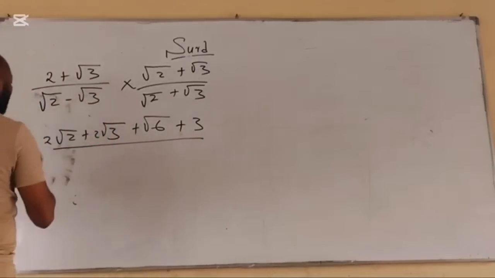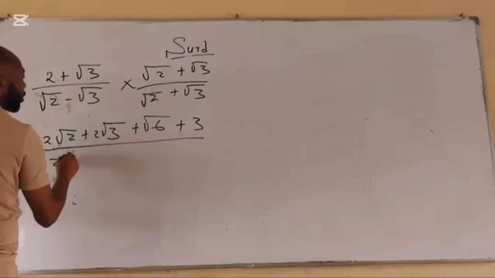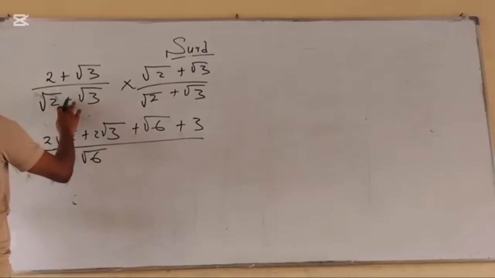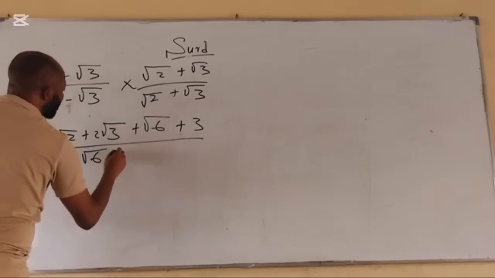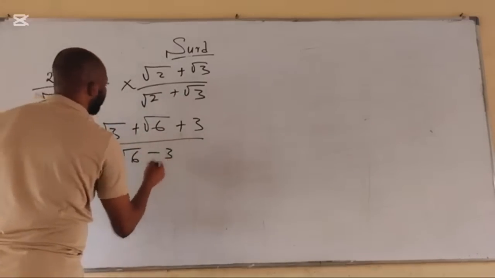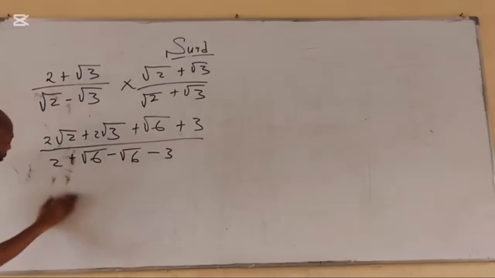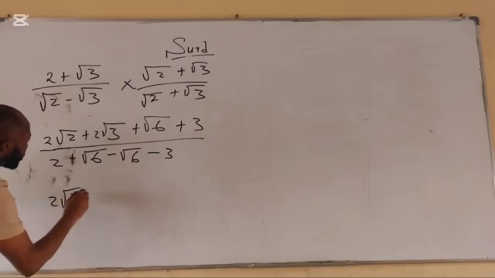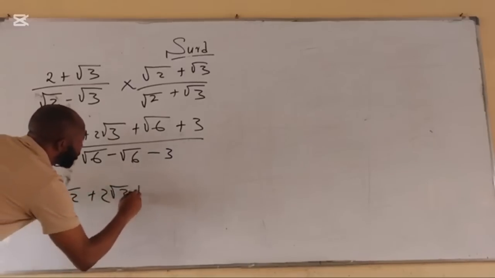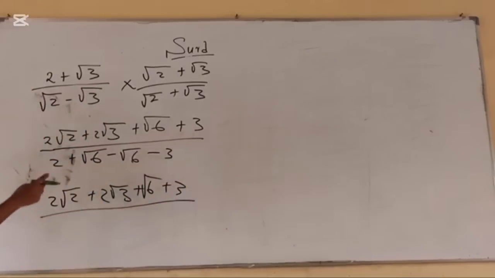Root 2 times root 2 is 2. Root 2 times plus root 3 becomes plus root 6. Minus root 3 times root 2 becomes minus root 6. Minus root 3 times plus root 3 is minus 3. Okay. Let us move. Now I have 2 root 2 plus 2 root 3 plus root 6 plus 3 all over.